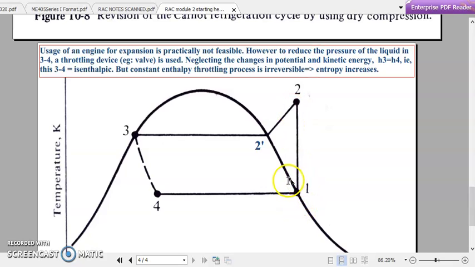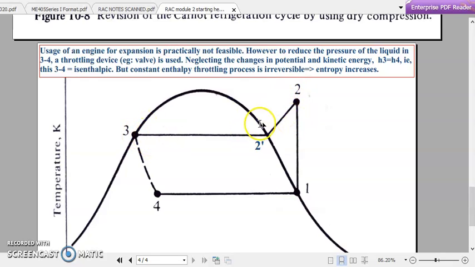Actually, the pressure of the working fluid is increased to a very large amount by the compressor during 1 to 2. And during 2 to 3, actually we are introducing a new point over here, 3. Okay, 2 to 3 is a constant pressure heat rejection process. So whatever pressure is attained by the working fluid after the compression process, it is still there.